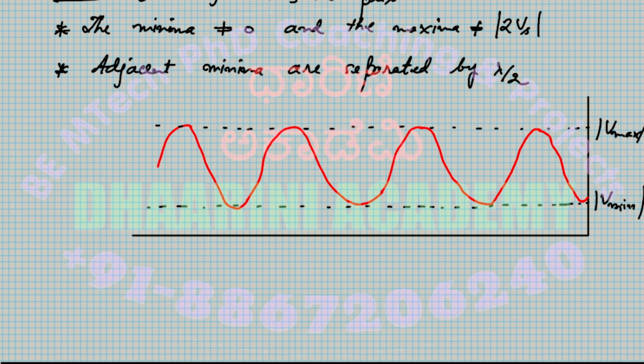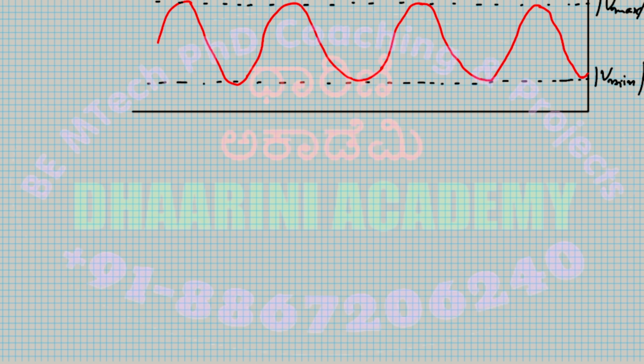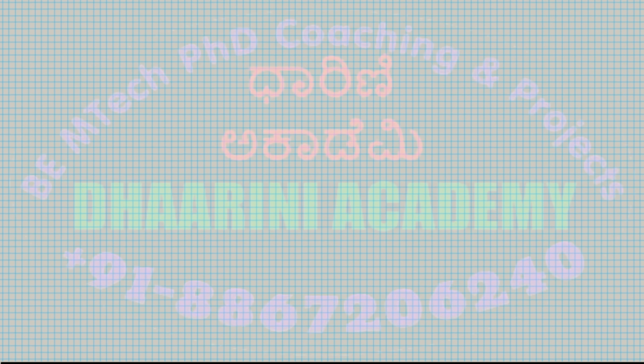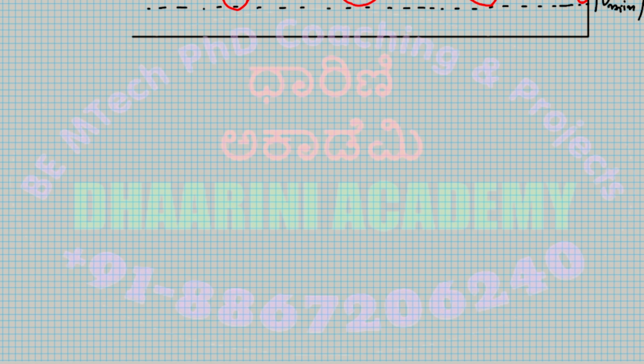Now I'll try to define what is the condition for having the minima and the maxima. Directly, I'll write one point here because I need it to find the standing wave ratio. Before that, let's just try to recall something from physics or anywhere you studied the waves topics: the crest, the trough, where the crest occurs, where the trough occurs, what's the condition.